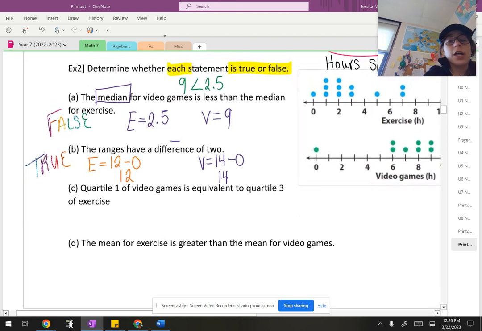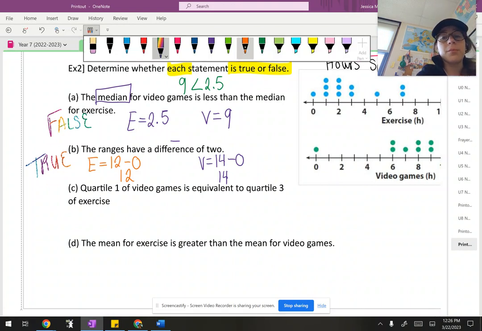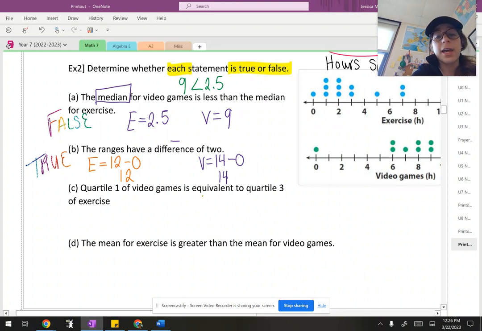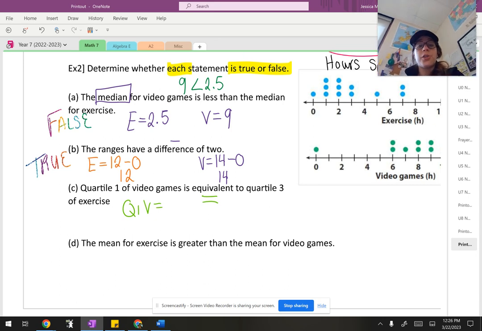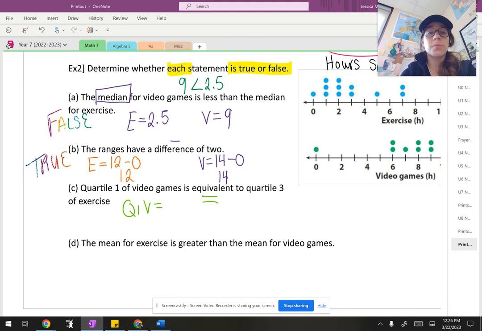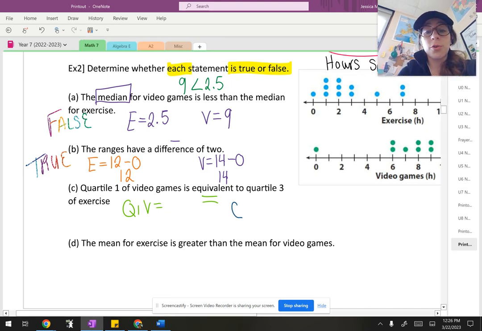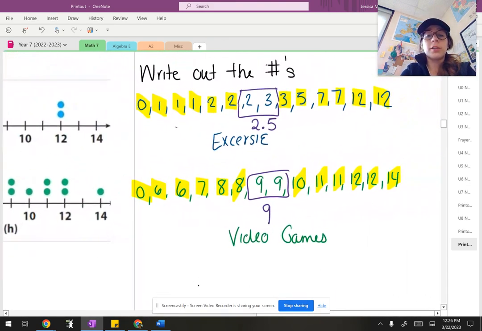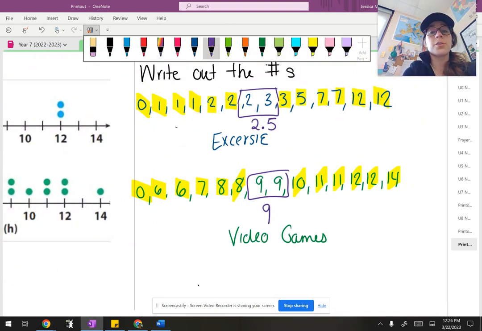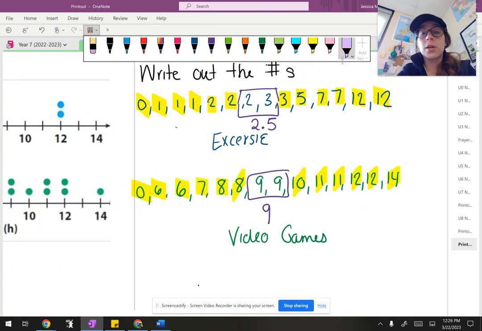Part C, quartile 1 of video games is equivalent, aka equal, to quartile 3 of exercise. So they want Q1 for video games. Notice my shorthand that I'm doing to label that stuff. Q1V equals, and then they want quartile 3 of exercise. So coming back over here, quartile 3 for exercise is going to be the upper.